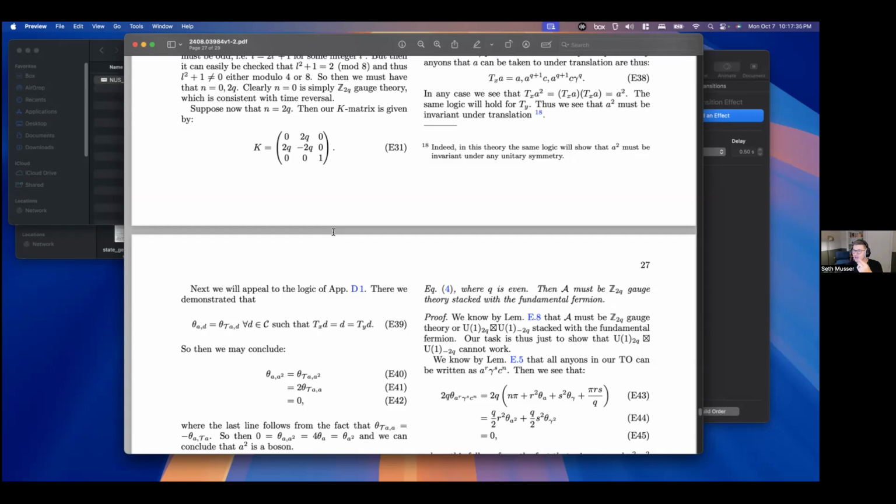The background anyon could either be E or it could be E times M squared. So the background anyon could either be a boson or a fermion, basically. So those are two possible SETs, but we didn't really make an effort to classify all possible.